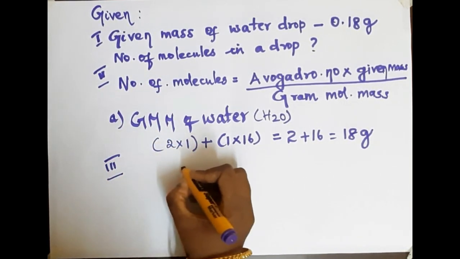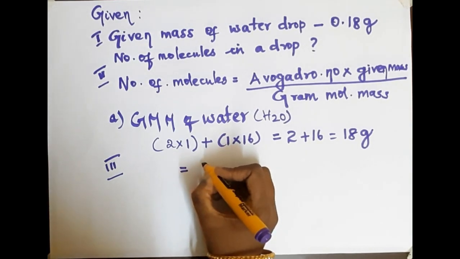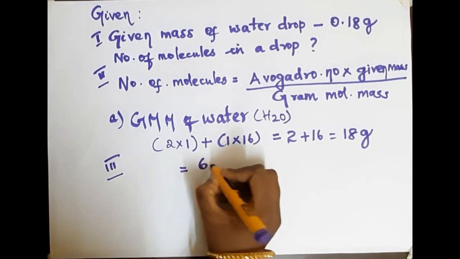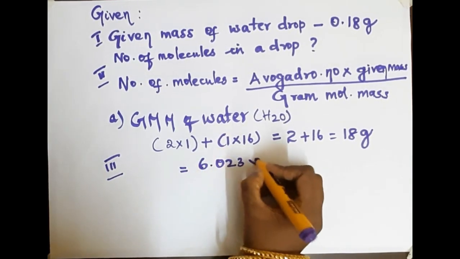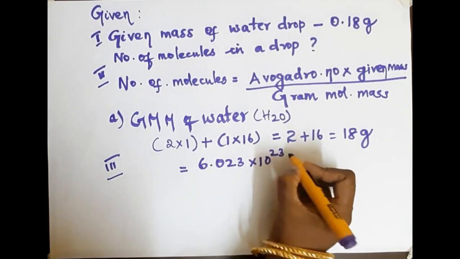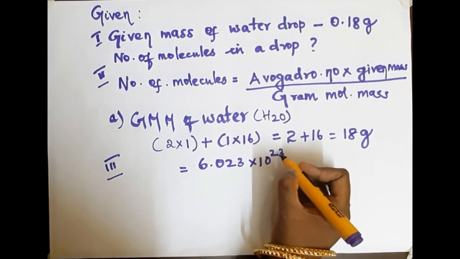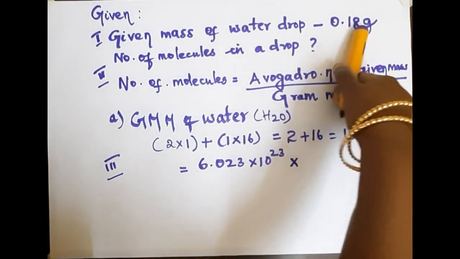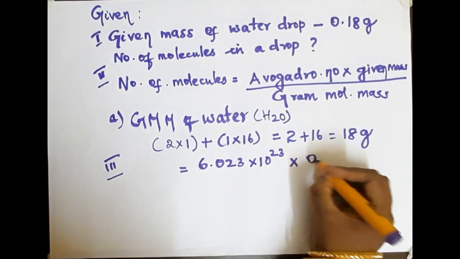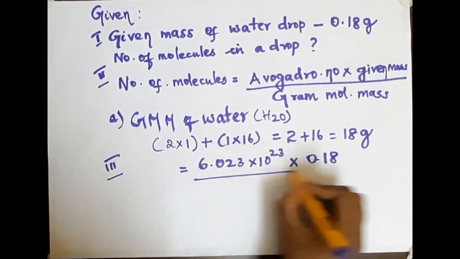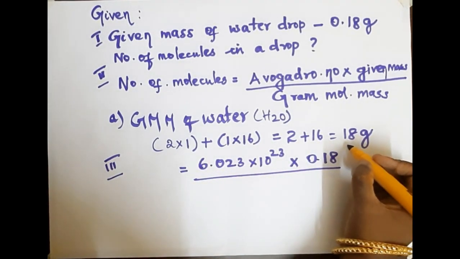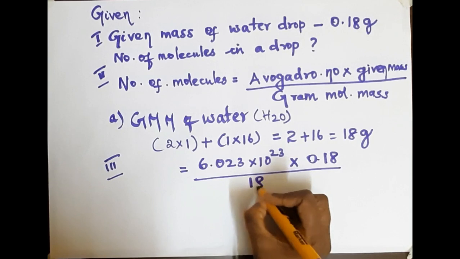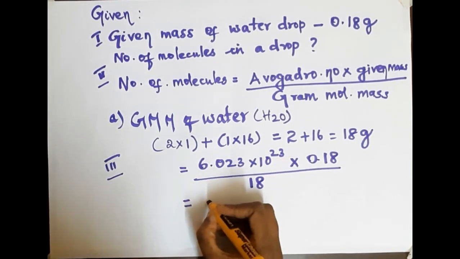So number of molecules is equal to, what is the Avogadro number, children? Avogadro number is 6.023 into 10 power 23 into, what is the given mass, children? It is 0.18 gram. 0.18 divided by, what is the gram molecular mass? It is 18.